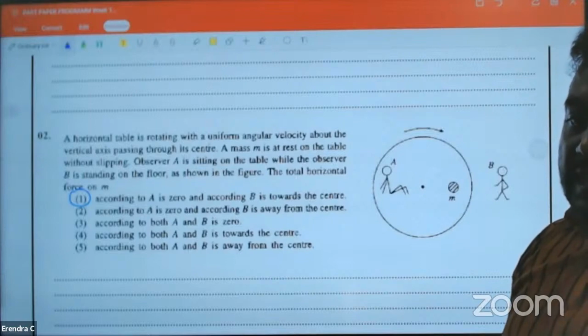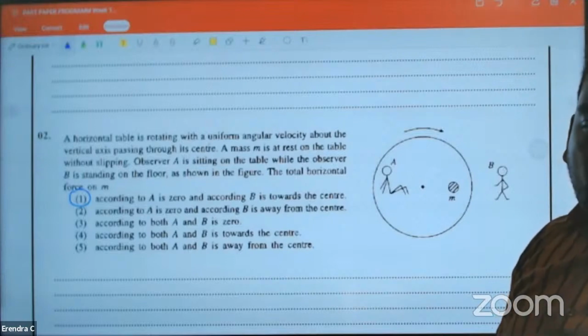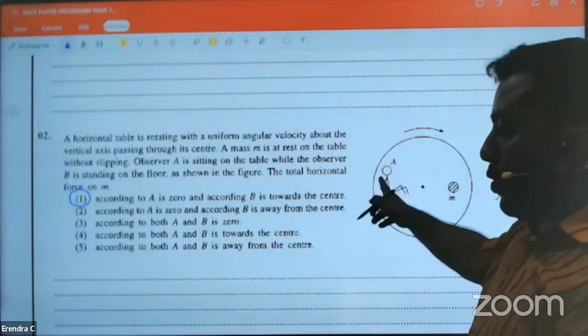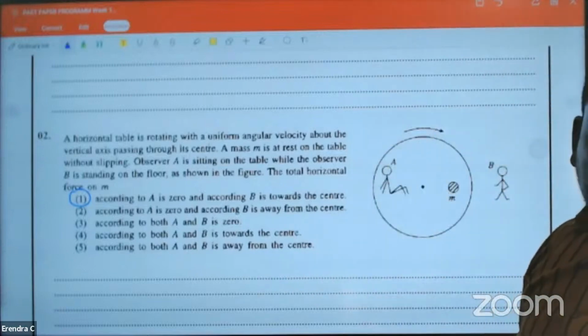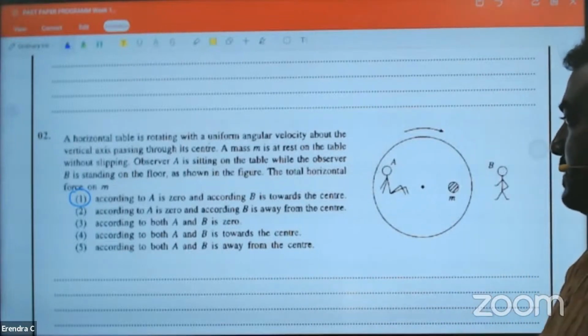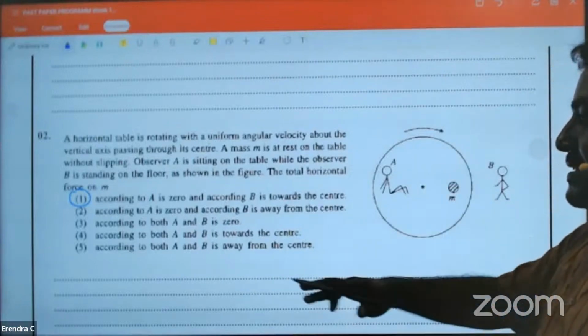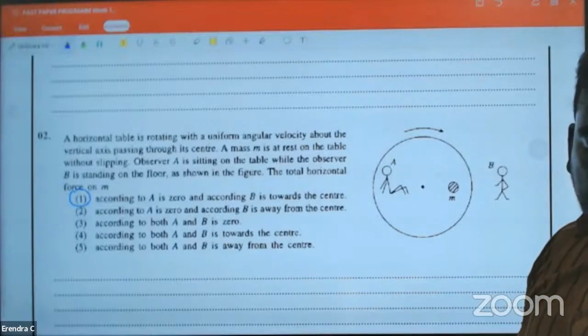A will observe no relative motion on M. This means with respect to A, the resultant force is 0.